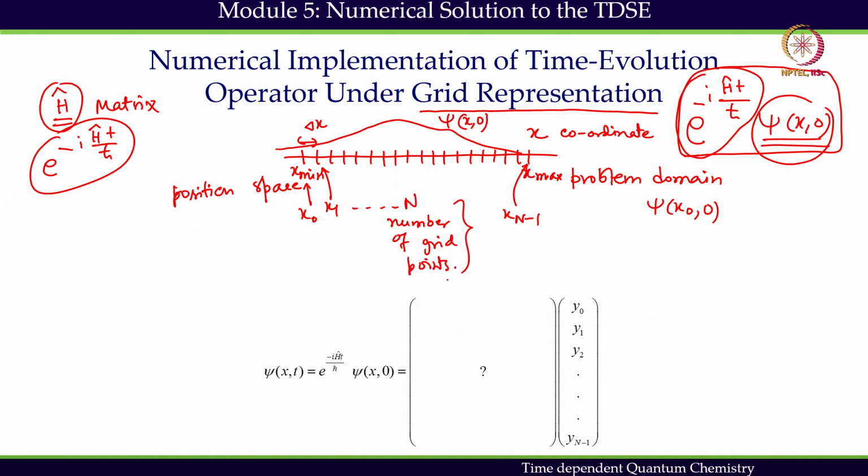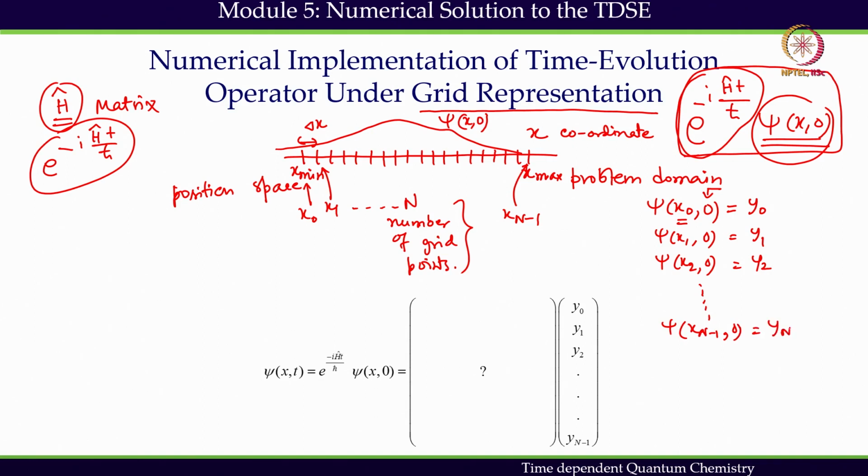The function values, all for t equals 0, are y 0 at x 0, y 1 at x 1, y 2 at x 2, and so on, until y n minus 1 at x n minus 1.